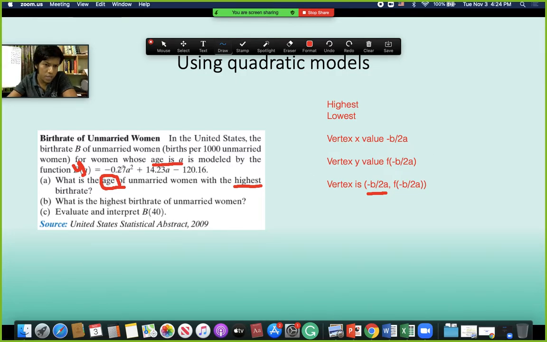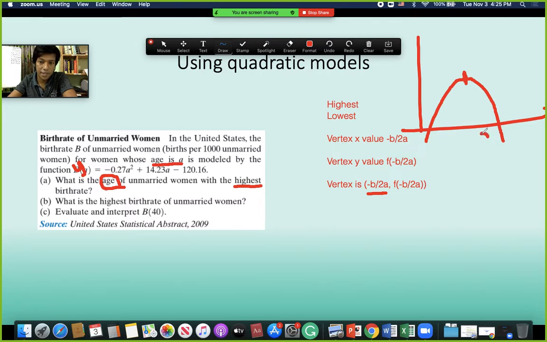If I draw this function, this is the highest point. So this will be like a graph. The function of this graph will be somewhat like that, and they are talking about this vertex. Maybe the graph is like this. This side is a, and this side is b of a.